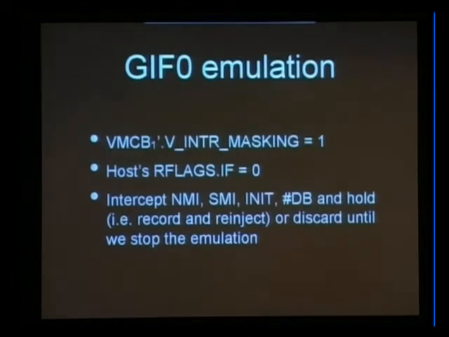So in every CLGI and STGI handler, we modify these values in the VM interrupt masking. So we actually mask the interrupts in the guest. And we also modify these fields in the VM control block when the nested hypervisor should receive the information that the global interrupt flag should be set to 1, so all the interrupts should be enabled.